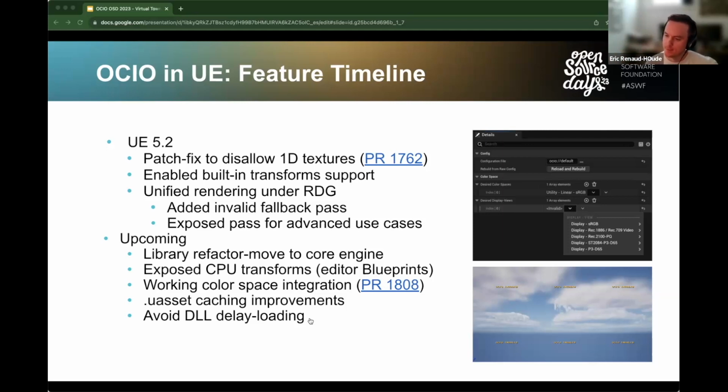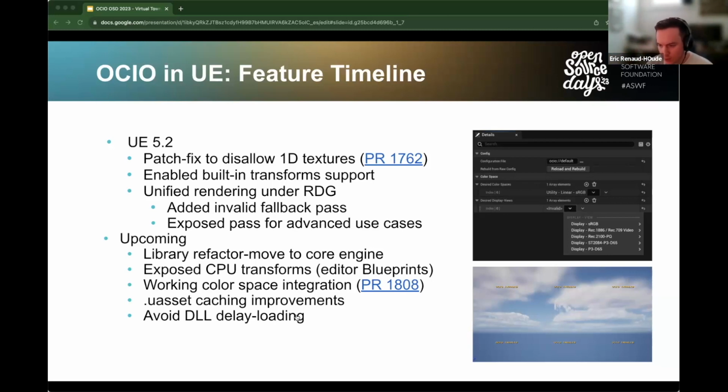We also exposed CPU transforms finally through editor blueprints. Right, and then we also added working color space integration. So the engine now has an explicit working color space definition, and when your config has the interchange space defined, we're able to link that and expose the engine working color space as an option in your config menus.